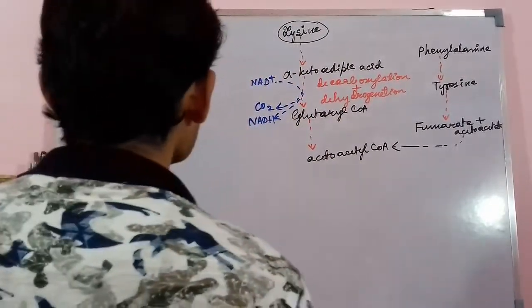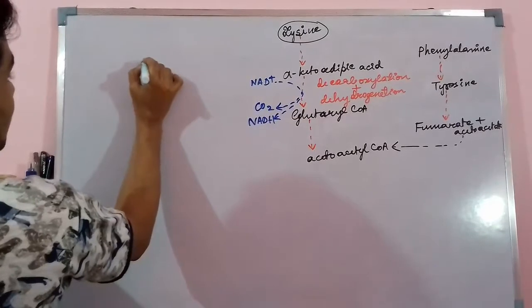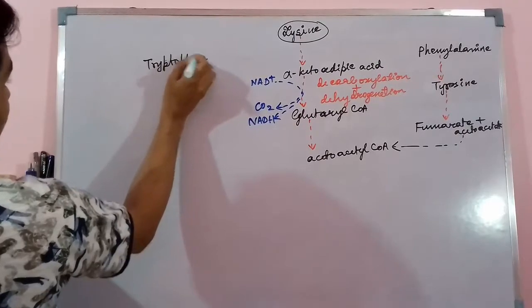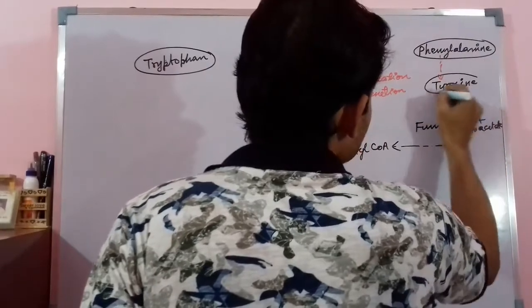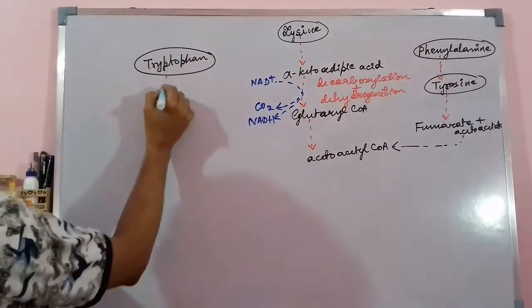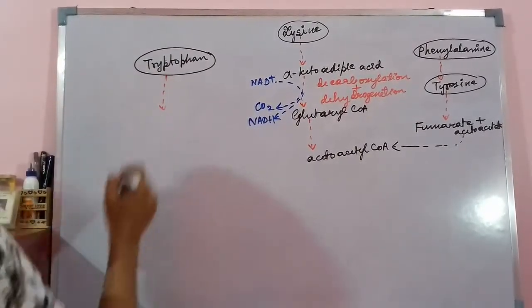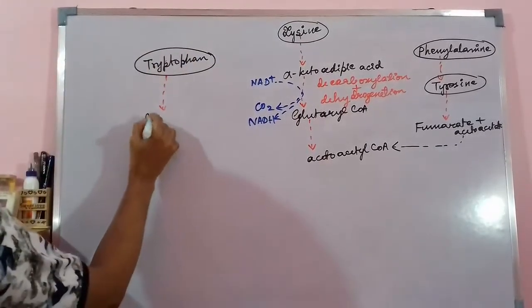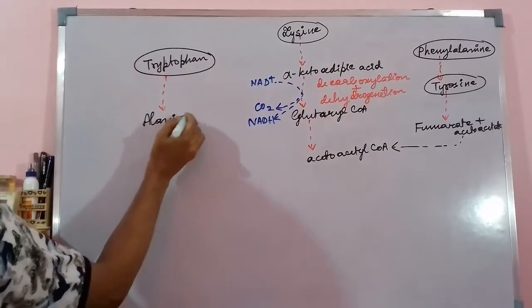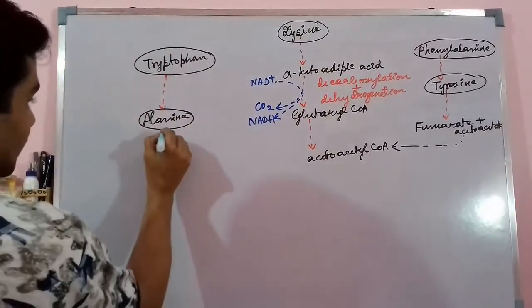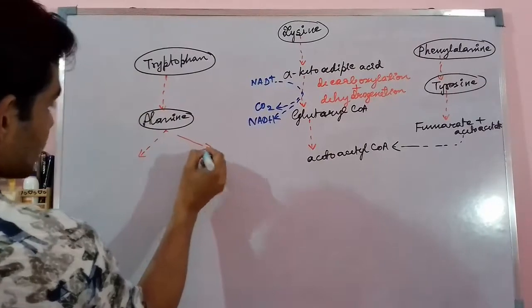Right. On the other hand, we have tryptophan, which is another aromatic amino acid like phenylalanine and tyrosine. Now this tryptophan, through successive steps, gets converted to alanine as the end product of the amino acid. Now this alanine again gets converted to two different products.